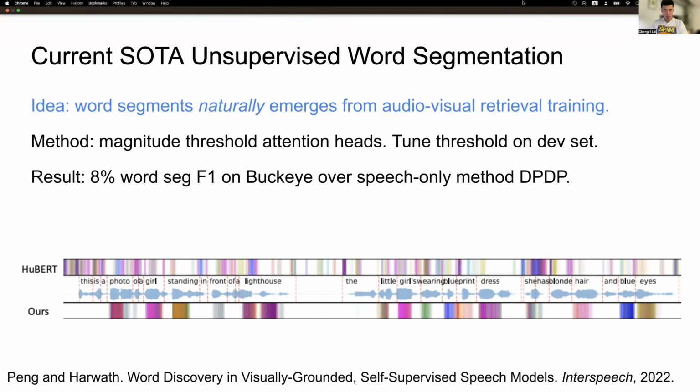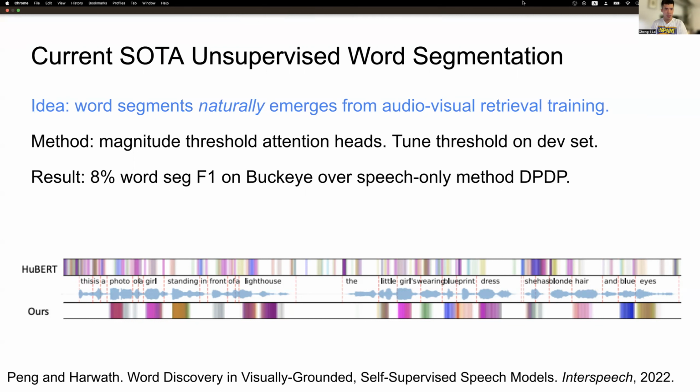I'm going to talk a bit about unsupervised word segmentation. We leverage a recent model called VG-HuBERT for word segmentation. The idea of VG-HuBERT is that word segments naturally emerge from audio-visual retrieval training, as you can see in the visualization below, where it places attention under visually concrete words very nicely.